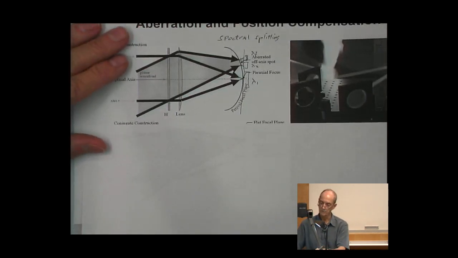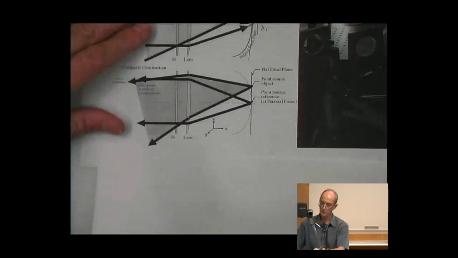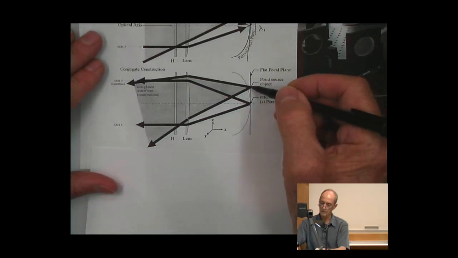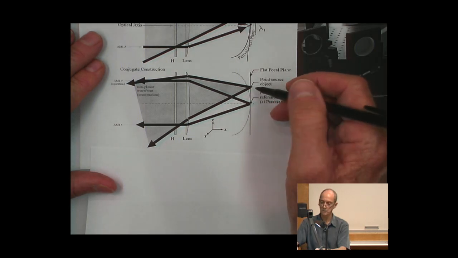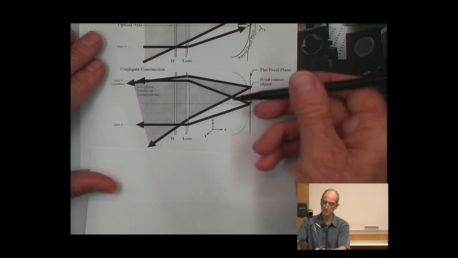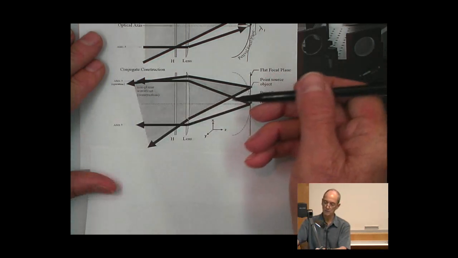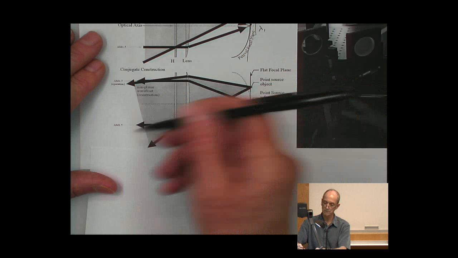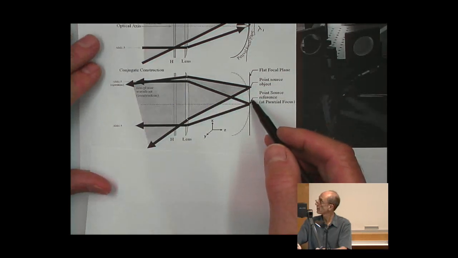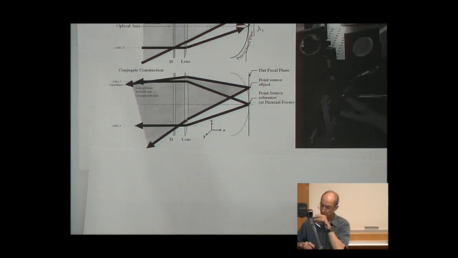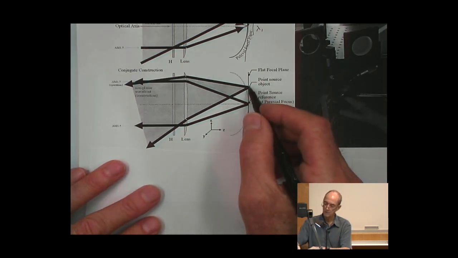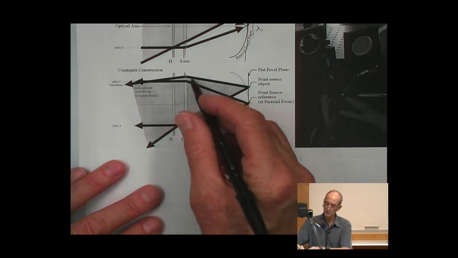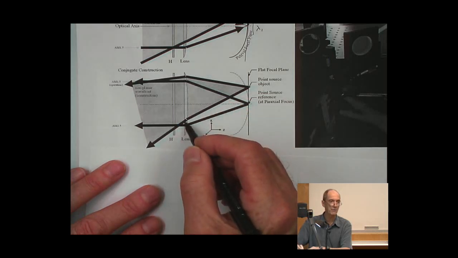Now, what if instead you record the hologram with points on this plane, all right? If you put the point on the plane, now you're going to have the beams going from right to left here. When you do that, the beam that goes through the lens is now aberrated, right?